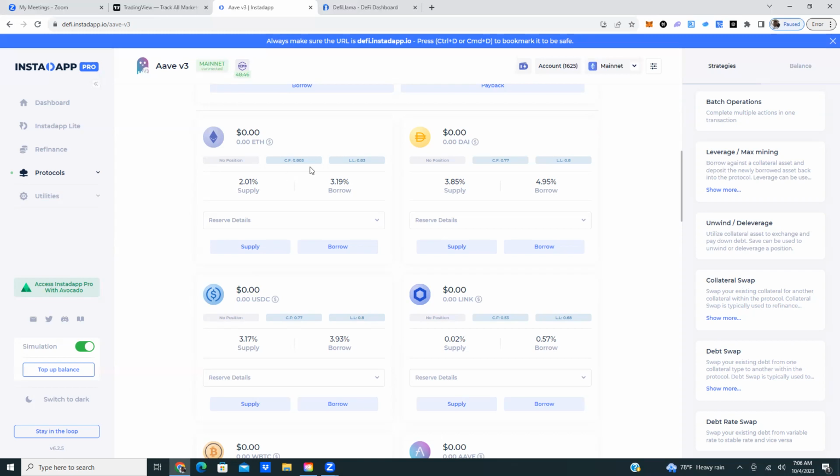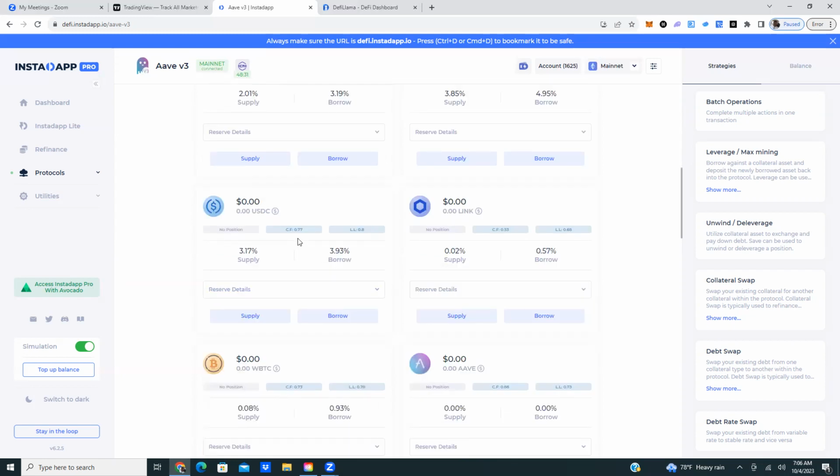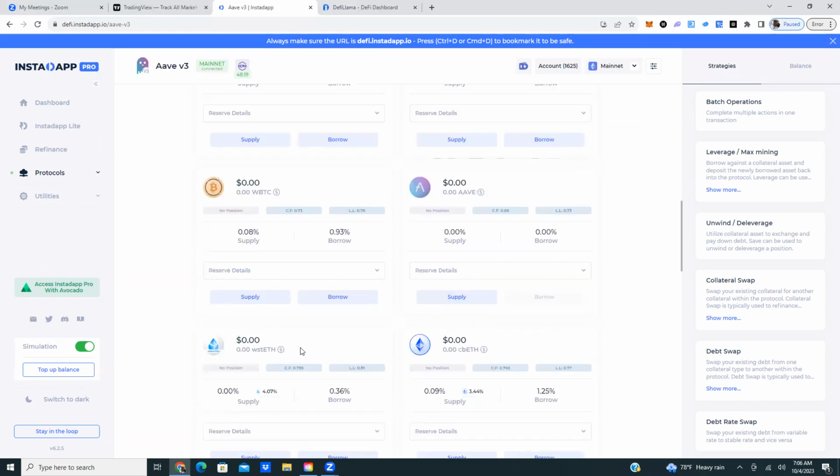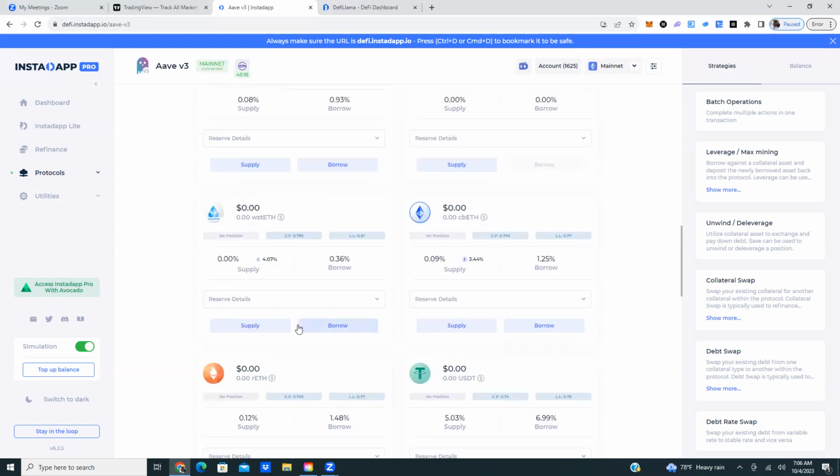With Ethereum, you can borrow up to 80%. With DAI or a stablecoin, you'll be able to borrow up to 77%. With USDC, up to 77%. Chainlink, 53%. Wrapped Bitcoin, 73%. Aave, 66%. Staked Ethereum is 78%.